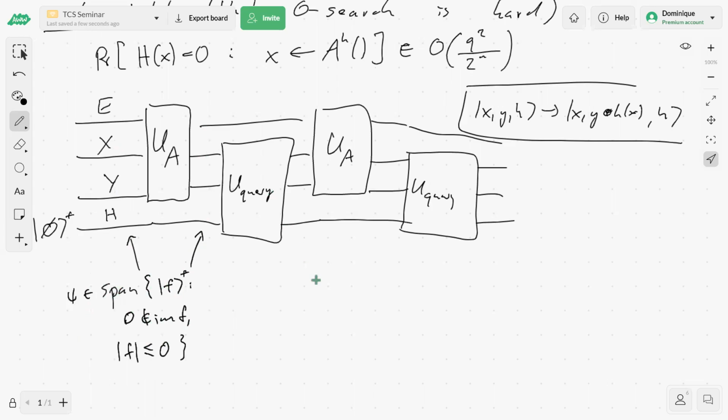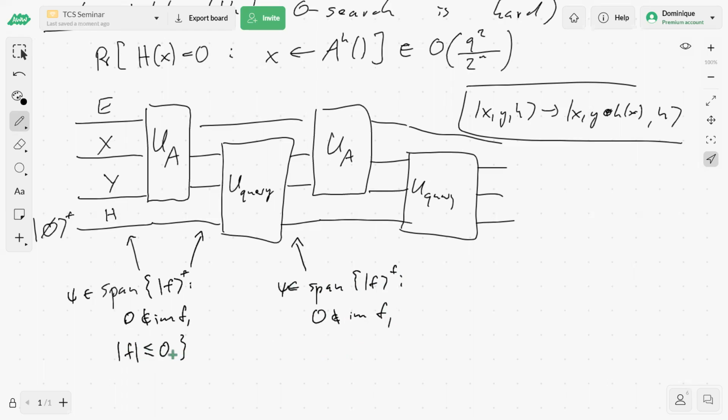Now comes uQuery. And I claim that after we run uQuery, we have that the state is now in the span of all f's that still don't have a zero in them. We will come to the fact that you can get a zero answer with small probability, so we will introduce an error term, but for now I just write it like this.